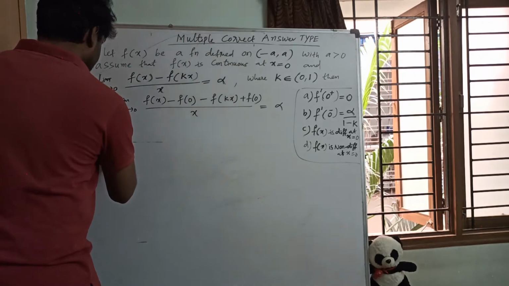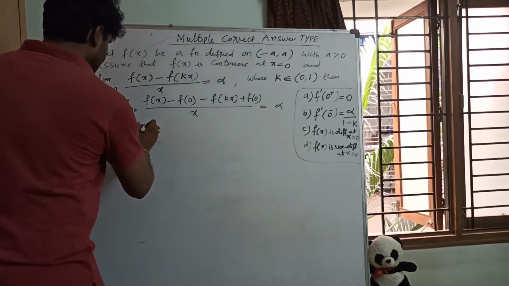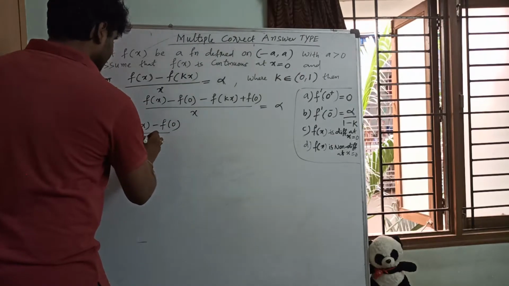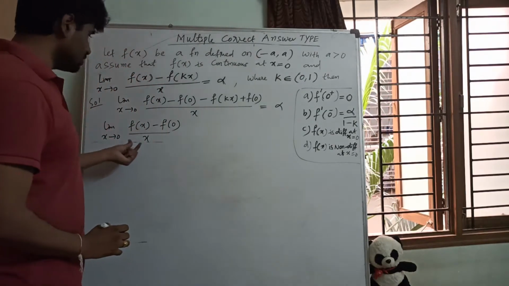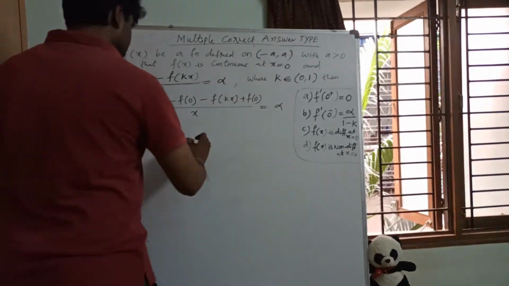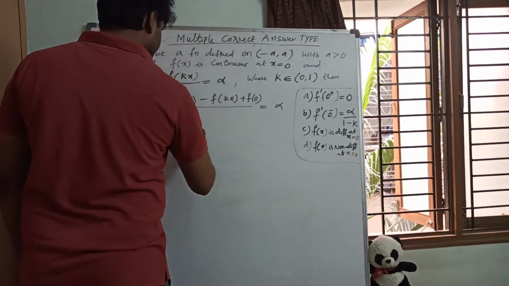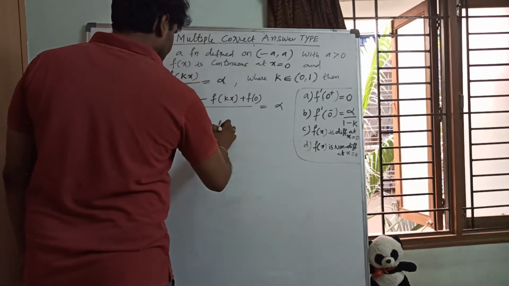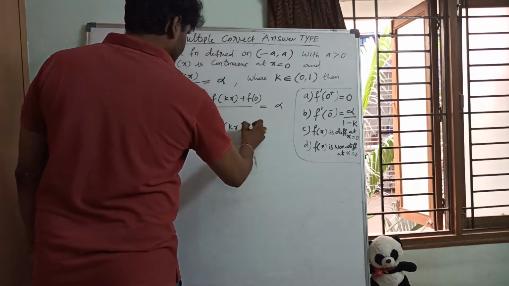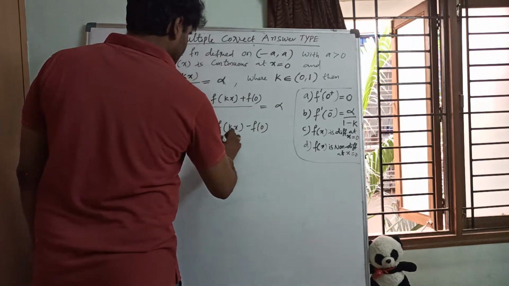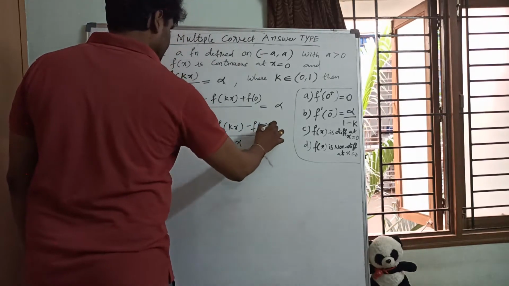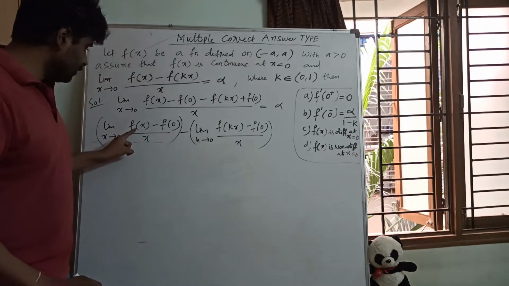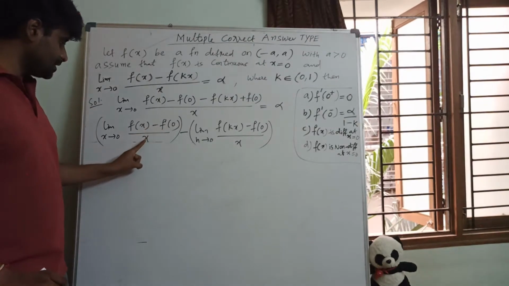So limit as x tends to 0 of f of x minus f of 0 by x. From these two, if I take minus common, limit as x tends to 0 of f of kx minus f of 0 by x. Now observe here, limit as x tends to 0 of f of x minus f of 0 by x.